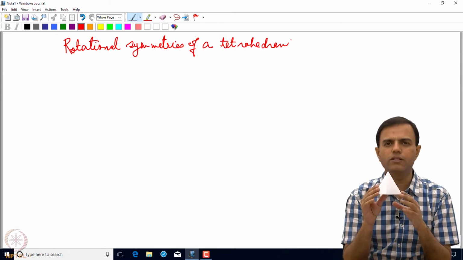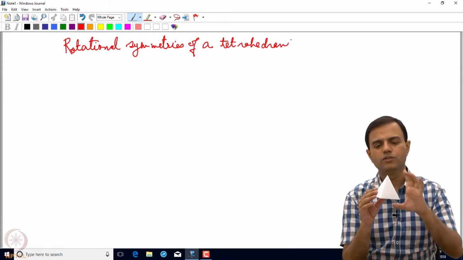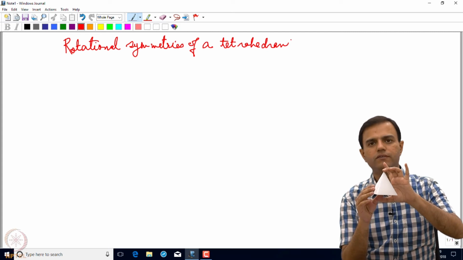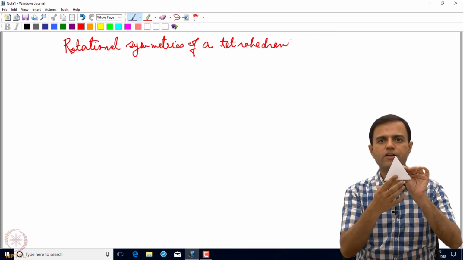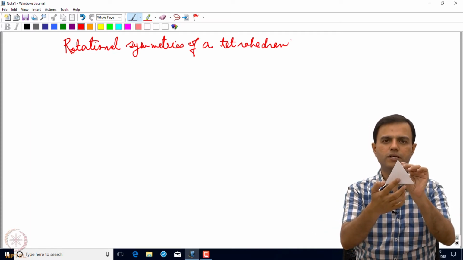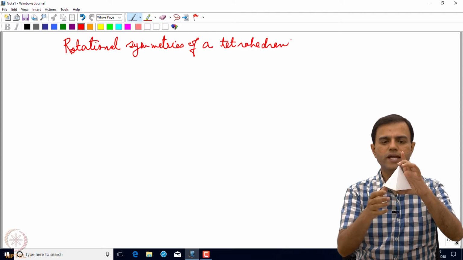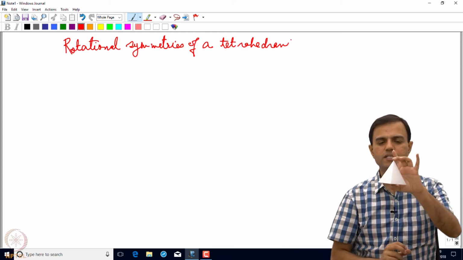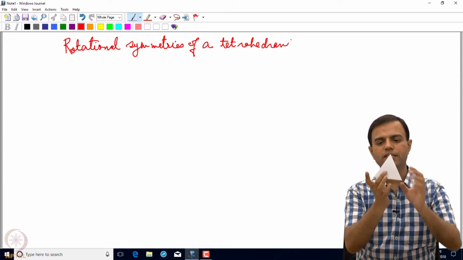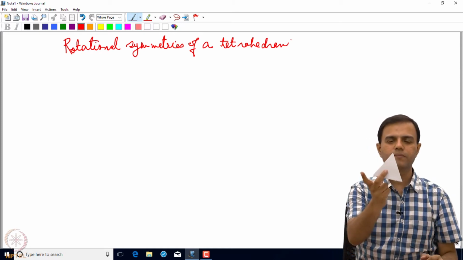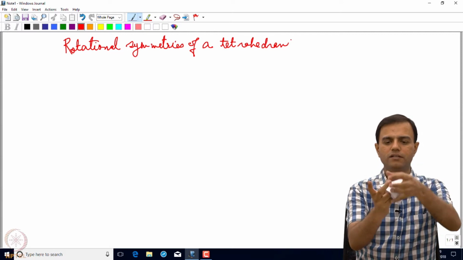Now how can I get all the rotations of this? One way is I take one of the vertices and then I take the center of the opposite face. So vertex and center of the opposite face. I am holding it like this. That is the axis.